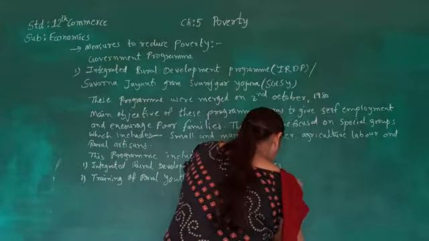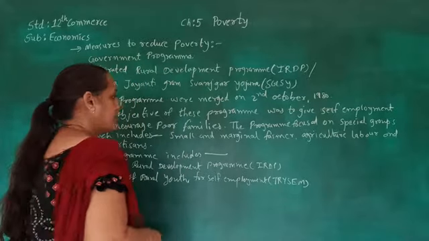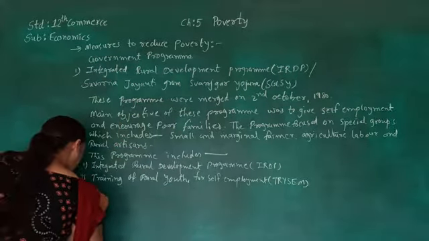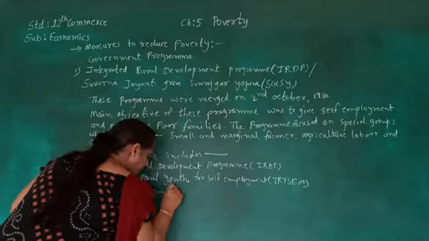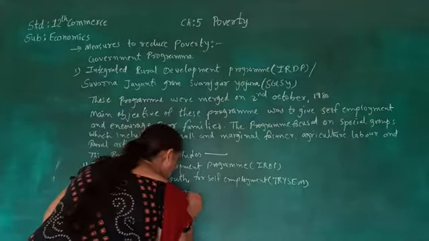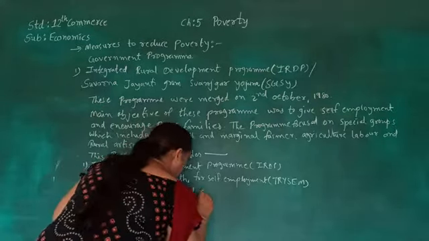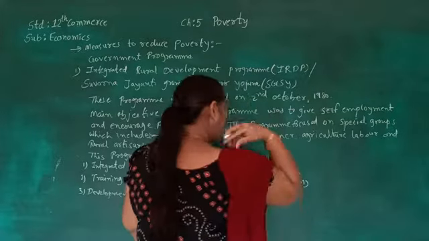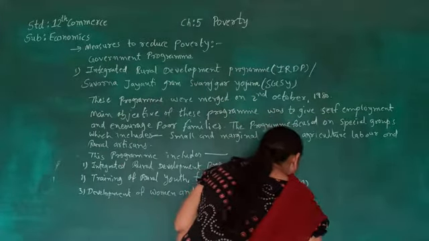And the third was the Development of Women and Children in Rural Areas, which is also called DWCRA.